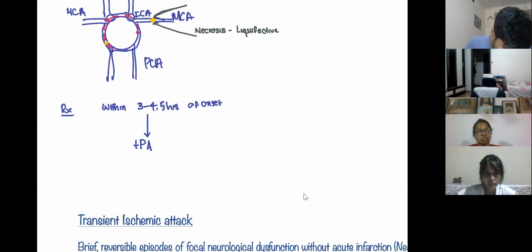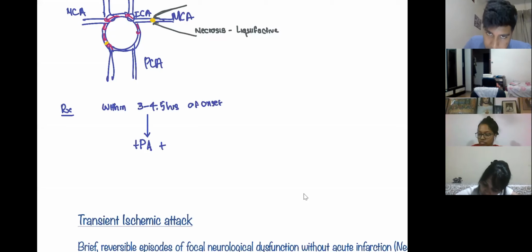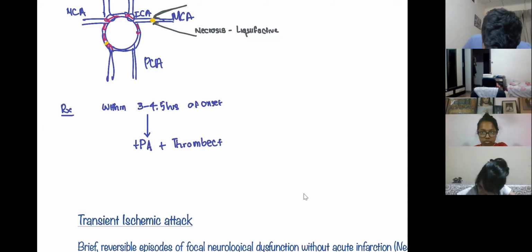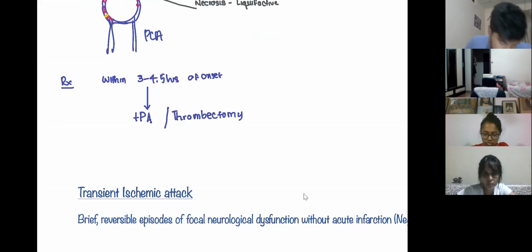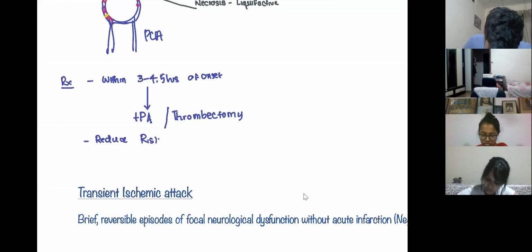And if it is a large thing, if you're in the hospital, the doctors might decide to do a surgery to remove the thrombus. Then you can reduce risk with medicines such as aspirin or clopidogrel.